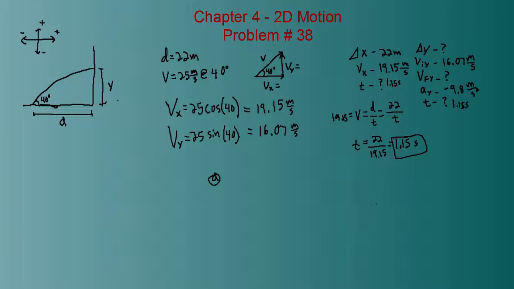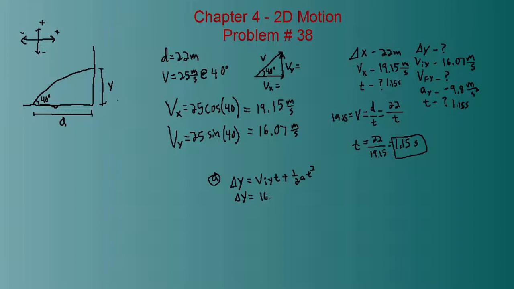We're looking for delta y, the height. So delta y is kinematics, right? Yep. Delta y equals v initial in the y direction times t plus 1/2 a t squared. We're looking for delta y, so that stays a variable.